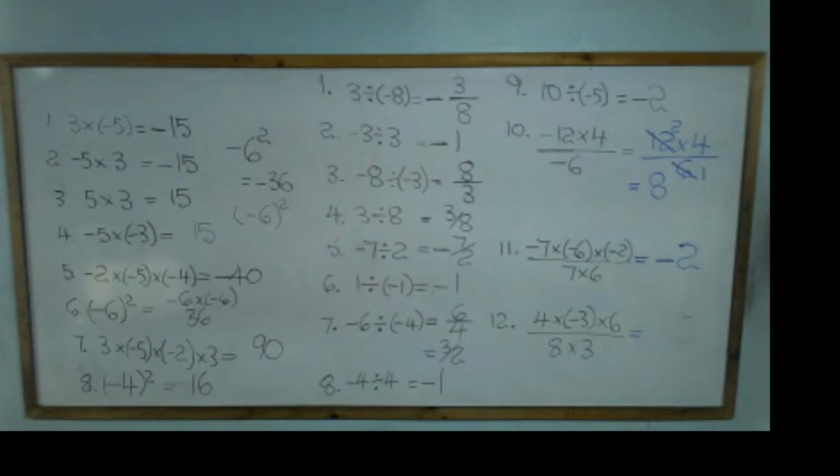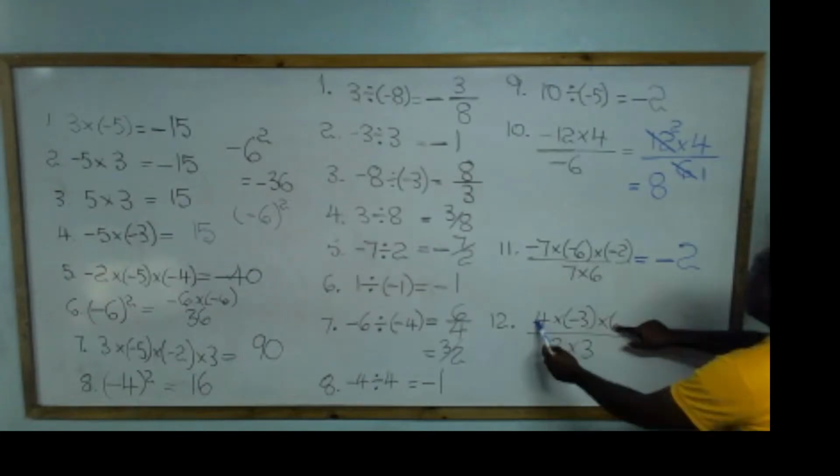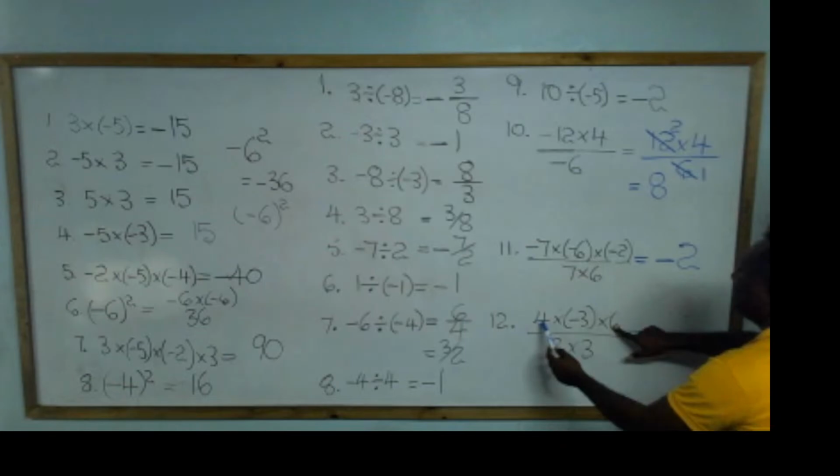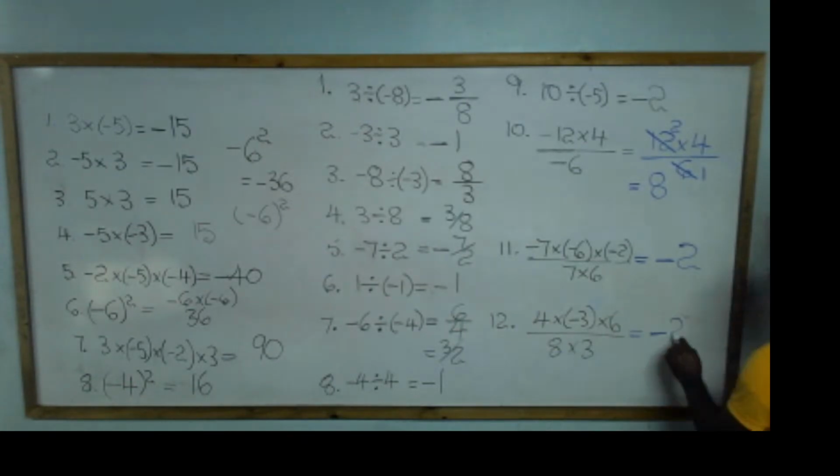So what do we say here? Students, you are sure that because we have a single negative sign there, the answer is going to be negative. So you know that the answer is going to be negative already. Hopefully you can see this. 4 times 6 is 24. 8 times 3 is 24. So this will cancel with this and the answer will be negative 3.